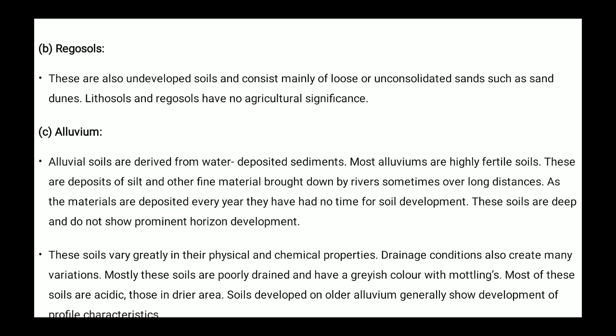This soil varies greatly in its physical and chemical properties. Drainage conditions also create many variations, and mostly these soils are poorly drained and have a grayish color with mottling. Most of these soils are acidic. In the drier areas, soils developed on the older alluvium generally show the development of profile characteristics.